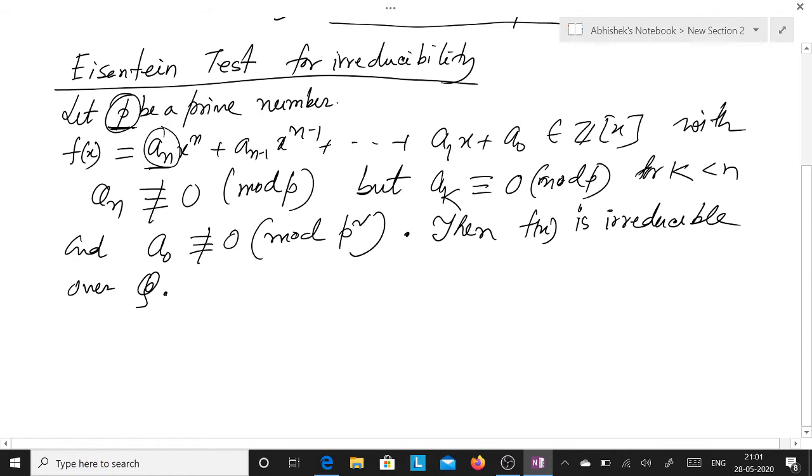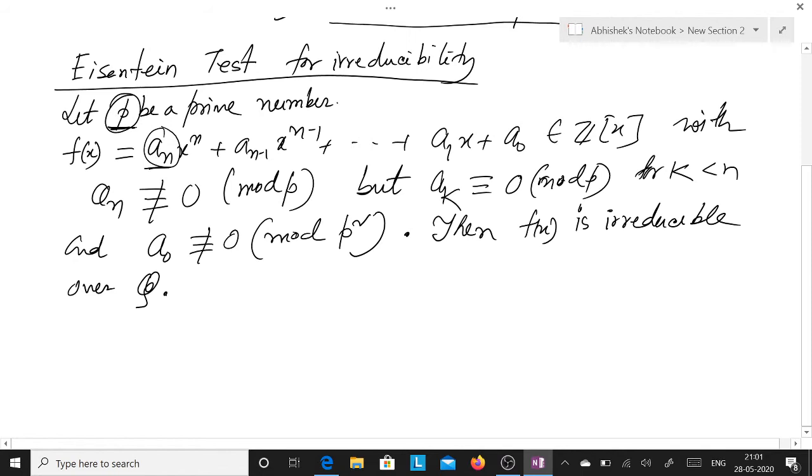So with respect to this prime, if this polynomial satisfies these conditions, then you can conclude that this polynomial must be irreducible over Q, over rationals.